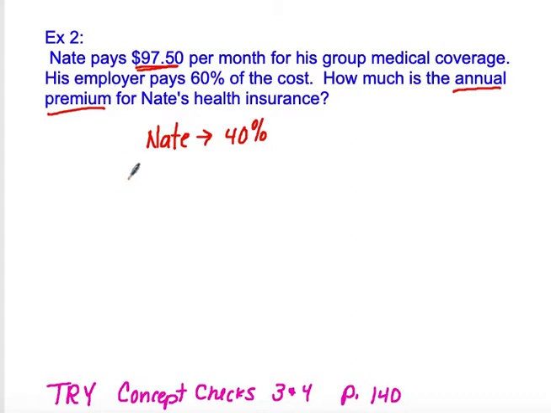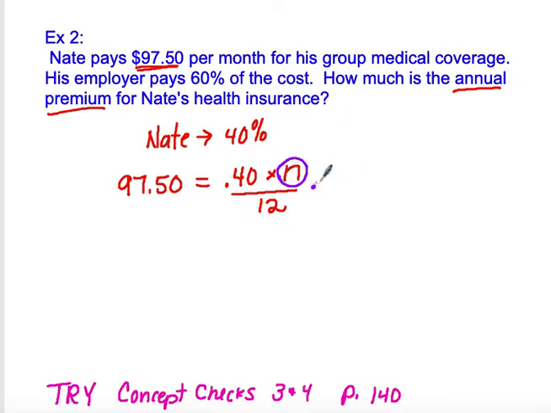So we're going to set his contributions equal to 40%. These two have to match. So his contributions were $97.50 and that's 40% of the total cost. Now that is broken into 12 months because it's per month. So I'm going to put this all in one formula. We would take 40% of his total cost and divide it by 12, and that would give us $97.50. So what we're looking for is what his total cost is for the year.